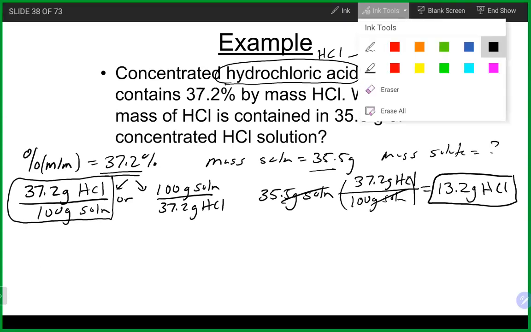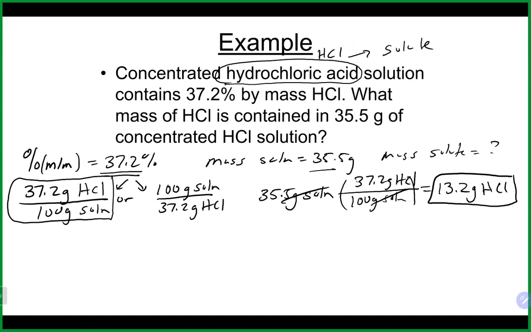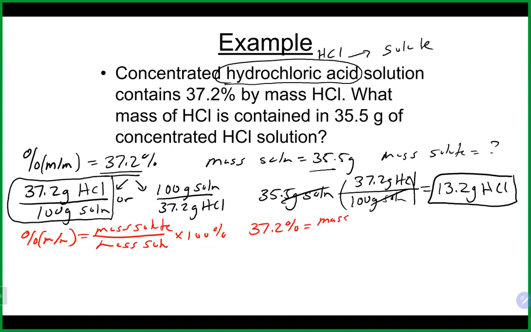Now, if you just plugged and chugged into the percent by mass formula, which is the percent by mass equals the mass of the solute divided by the mass of the solution times 100%, you would have 37.2% equals the mass of the solute divided by our mass of the solution, which is 35.5 grams, times 100%.